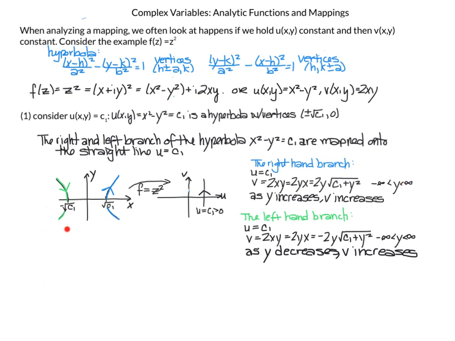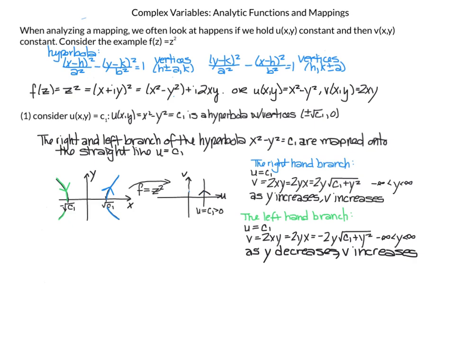The left-hand branch of this hyperbola, that's where u is equal to c1, and we take the other branch of v, so v is equal to 2xy, and remember that's 2y times x, but remember x now, because there's a square root, there's the positive, which I already used for the right hand, and the negative square root, which gives us this left-hand branch here, as y goes from negative infinity to infinity.